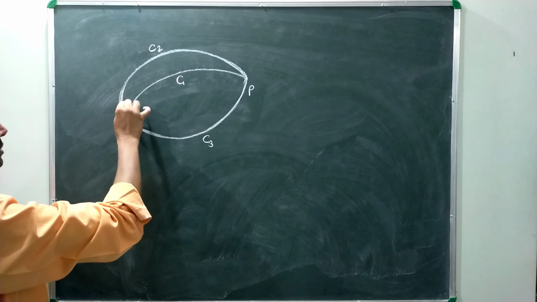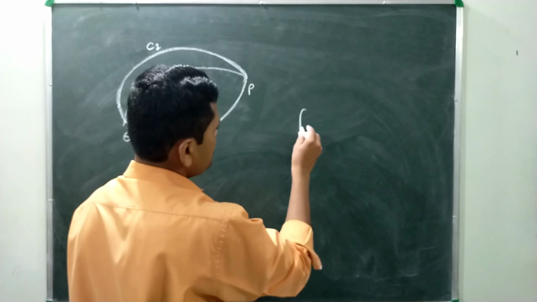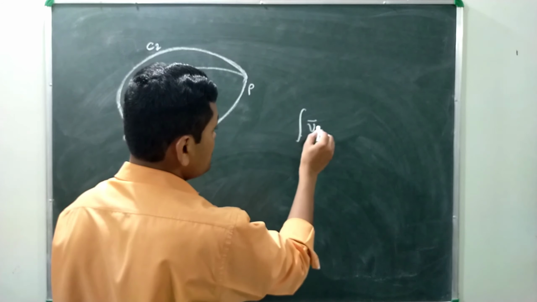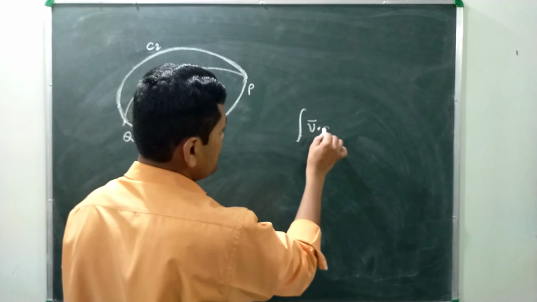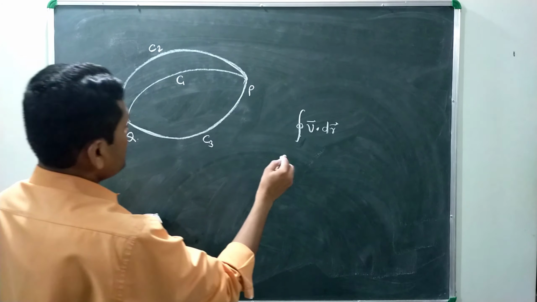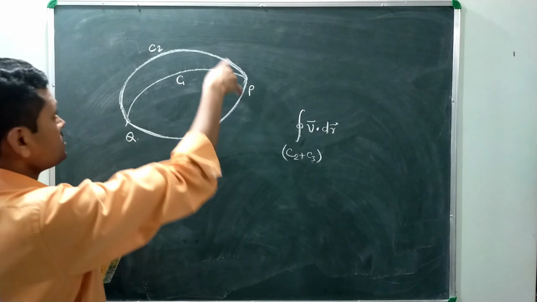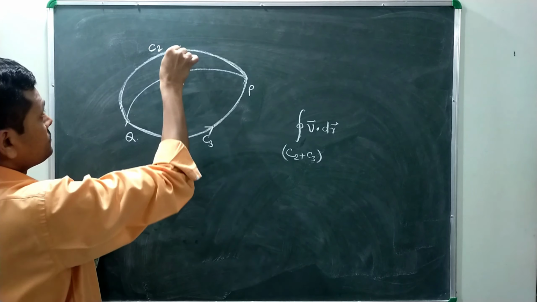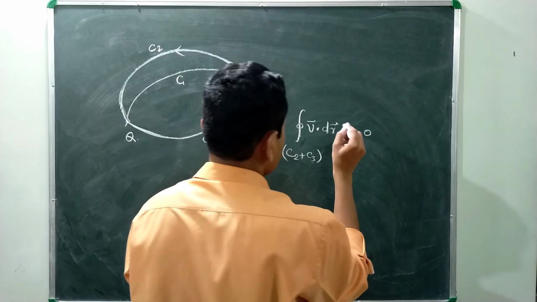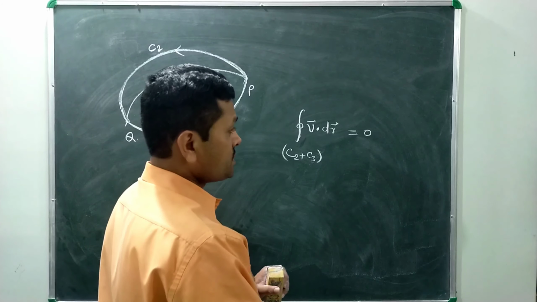This is a closed curve, and if we integrate a vector field V, means if we find the line integral of a vector field V along this closed curve, means along C2 plus C3, it will vanish if vector V is a conservative field.